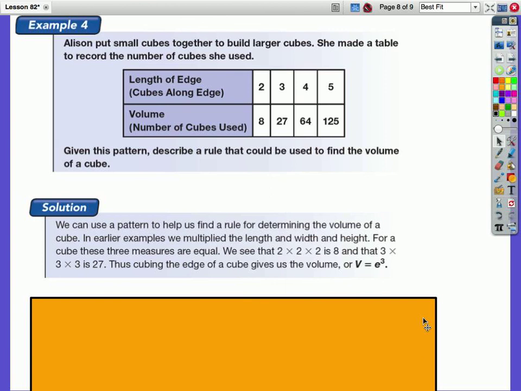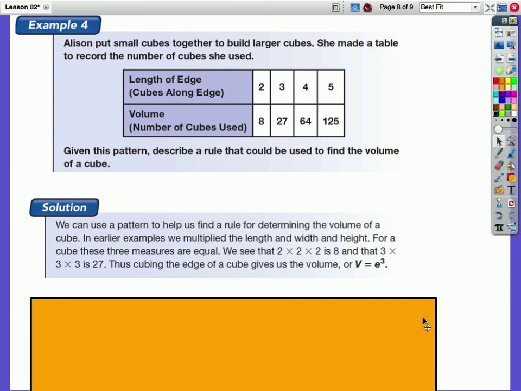Our solution. We can use a pattern to help us find a rule for determining the volume of a cube. In earlier examples, we multiplied length and width and height. For a cube, these three measures are equal. Okay? Because everything's the same in a cube. So we have 2 times 2 times 2 is 8. 3 times 3 times 3 is 27.